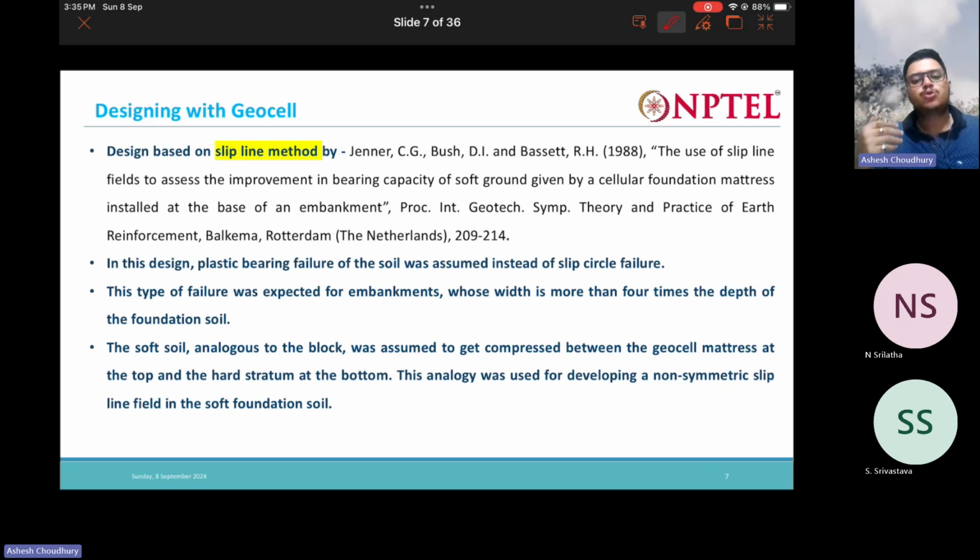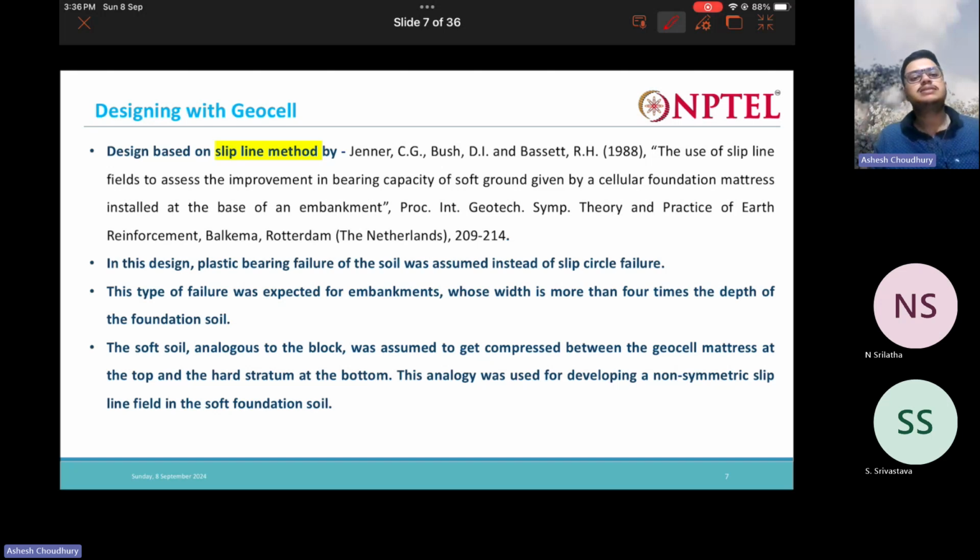But the slip line method is a plastic equilibrium concept. We consider that all the points in the soil are in a state of plastic equilibrium. So we solve the basic differential equations which define the plastic equilibrium of the soil. We combine them with the Mohr circle and the Mohr-Coulomb failure envelopes to determine a set of curves known as the slip lines.